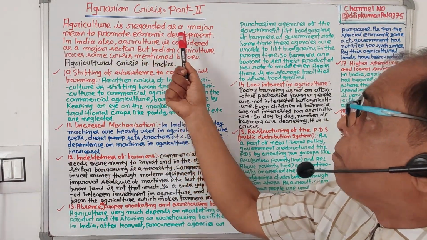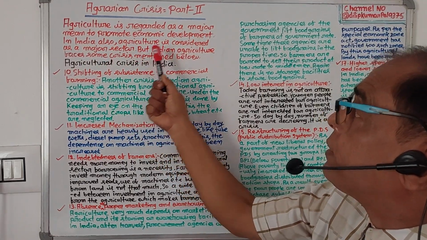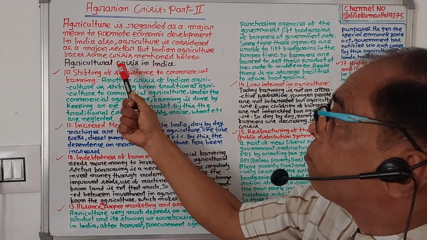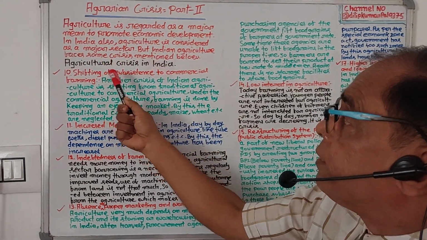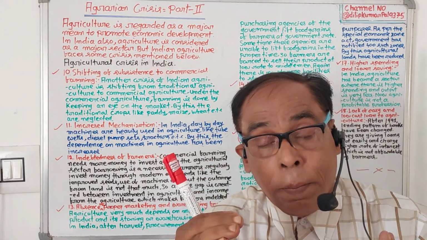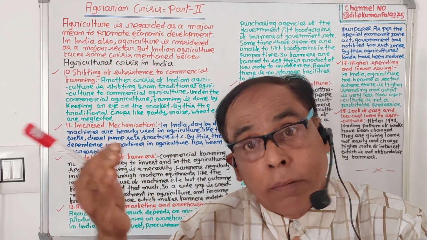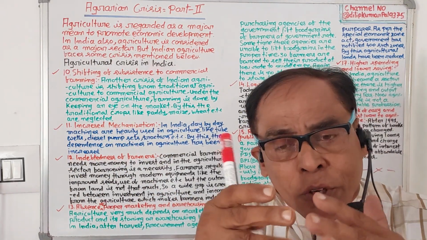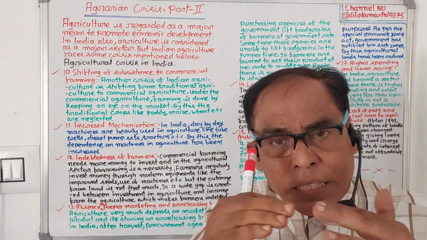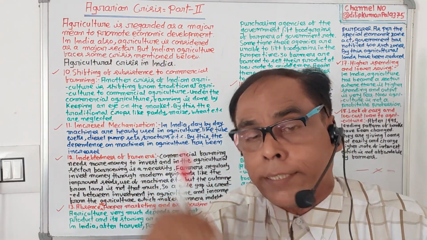Agriculture is regarded as a major means to promote economic development. In India also, agriculture is considered a major sector. But Indian agriculture faces some crises.